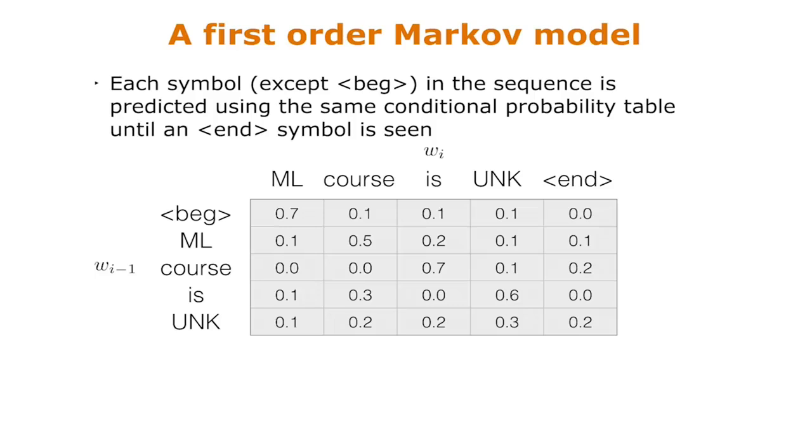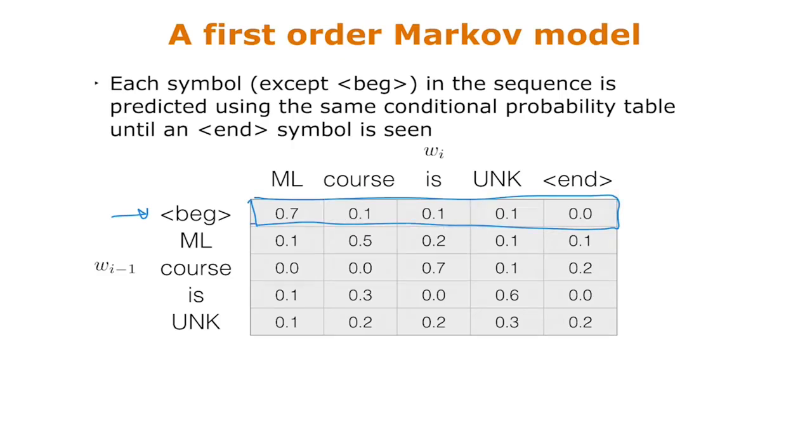Each row in this table here is identified by the preceding word. So for the first word, that preceding word would be beginning. The row is a set of numbers that sum to 1. It's a probability distribution over what comes next.